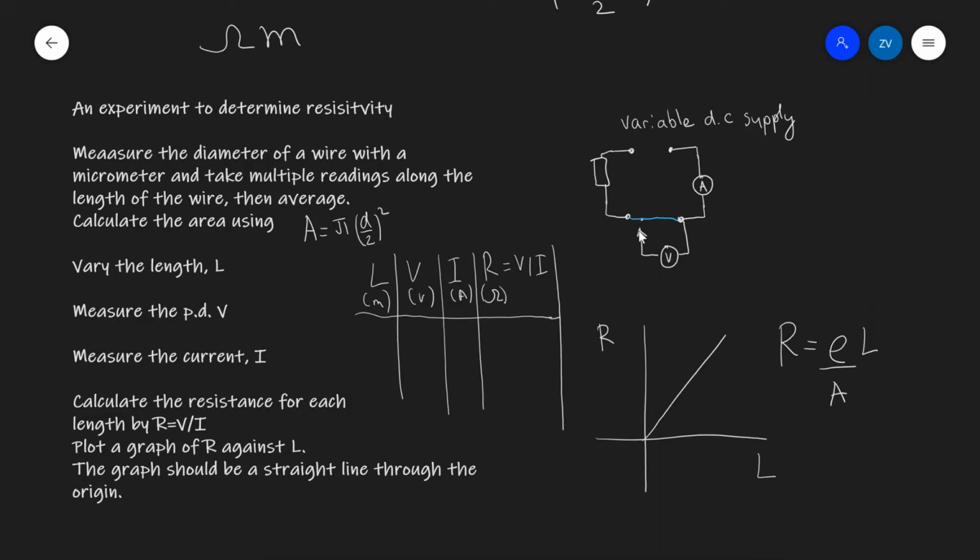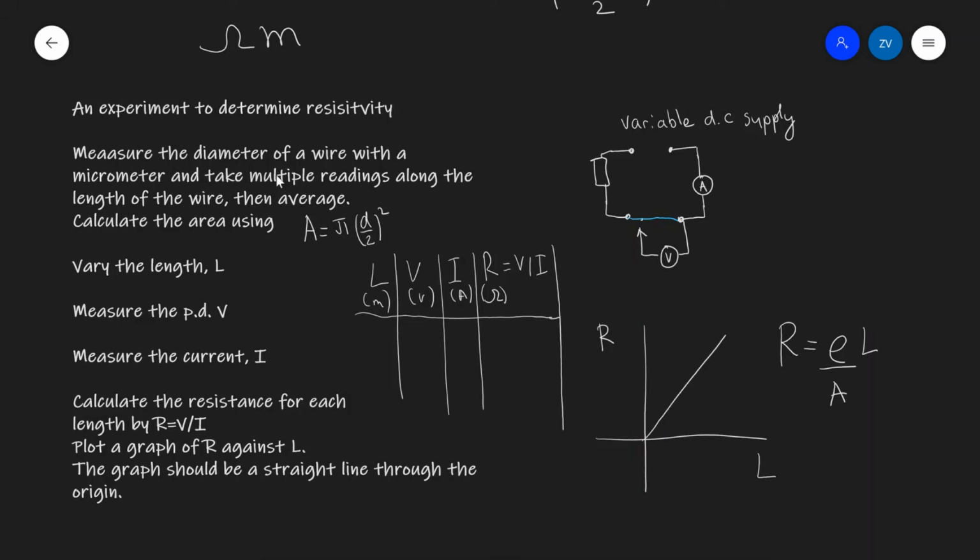For instance, we could have this length adjusted so that we're able to take the reading for the PD at different lengths of the wire. I normally also add a little resistor there, but this is just for safety to keep the current low to avoid the wire overheating.